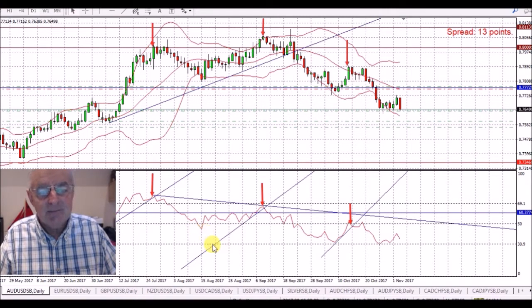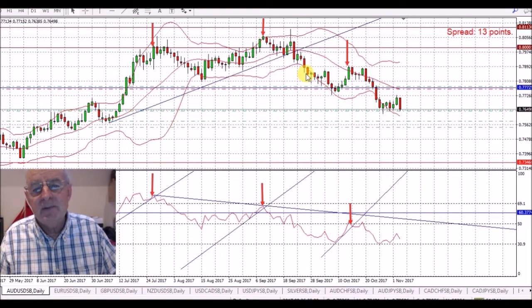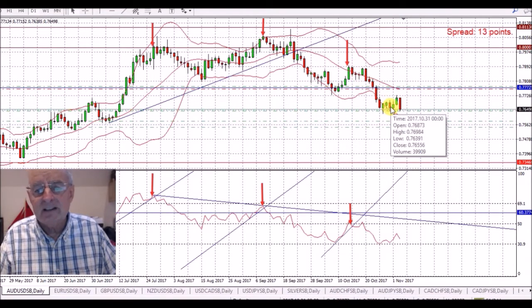The RSI came down, it went up again, and we got another high there which got broken, and we got this very big move down. Then we had another move back up, and we got a sell signal here which gave us another move back down.